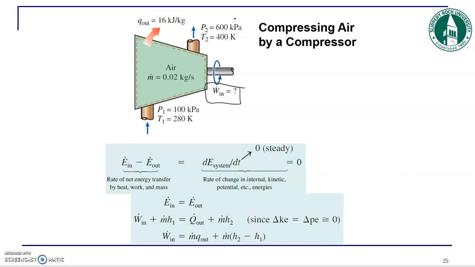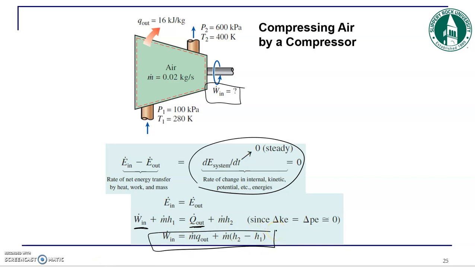The control volume, your system, is the compressor, and since this is a steady state flow system, the right side of the equation is 0, so the energy coming in will leave your system, so there is a work in, right? And in this specific example, there is a heat output, so no kinetic energy change, no potential energy change, and then you can basically get into the compressor.